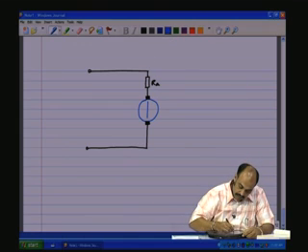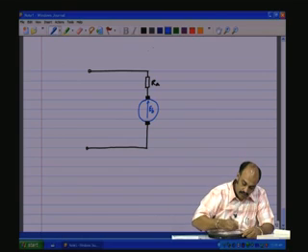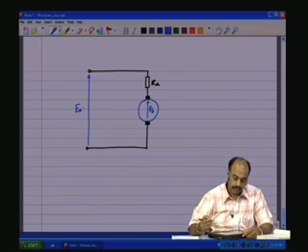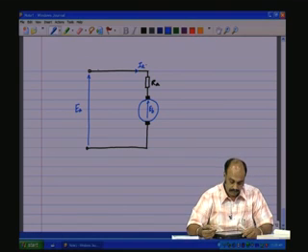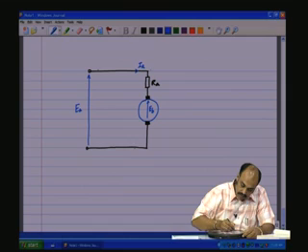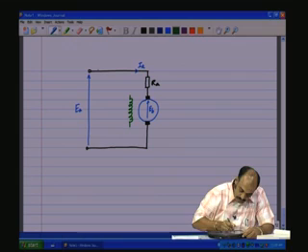And there is a back EMF Eb across the brushes. There is also an applied voltage Ea across the armature, and there is a current Ia through the armature windings. There is now a field winding.